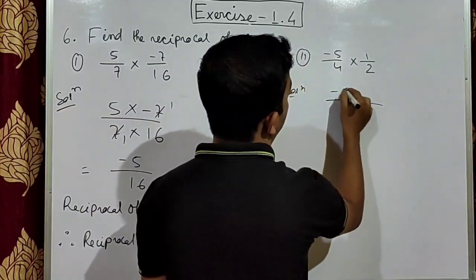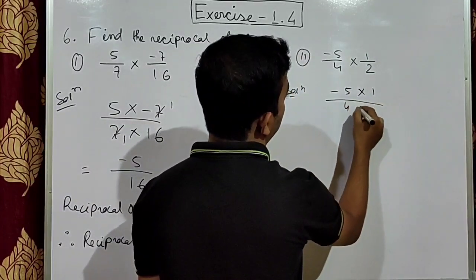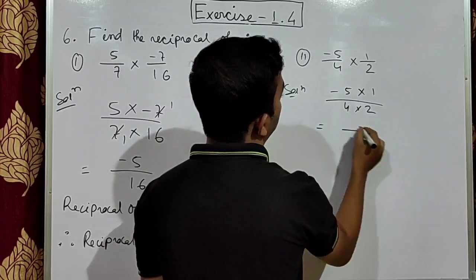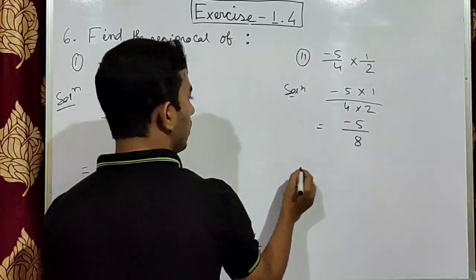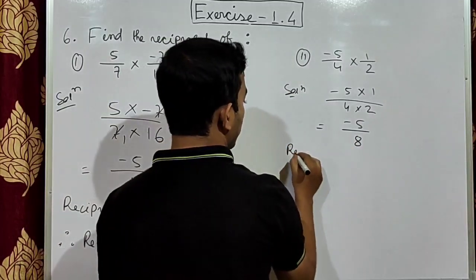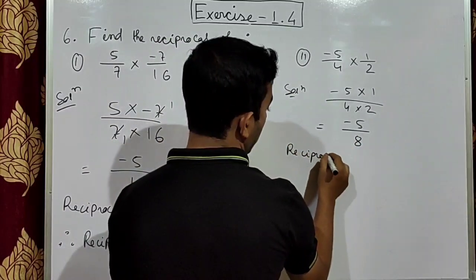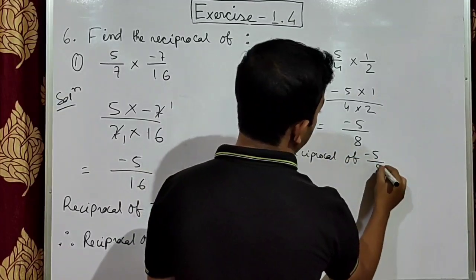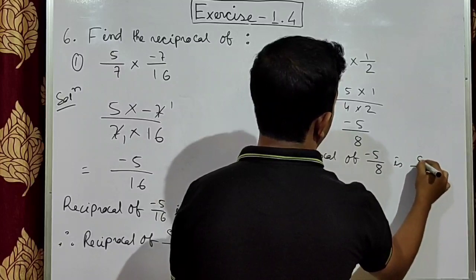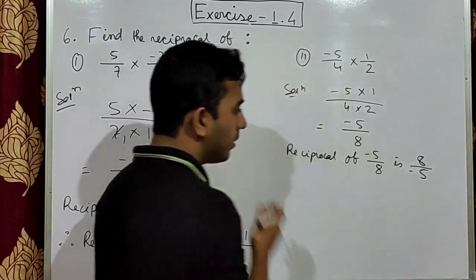So minus 5 into 1, 4 into 2. Minus 5 into 1 is minus 5, 4 into 2 is what? 8. So its reciprocal. Reciprocal of minus 5 by 8 is 8 by minus 5. Clear?